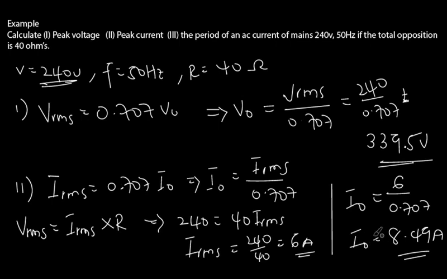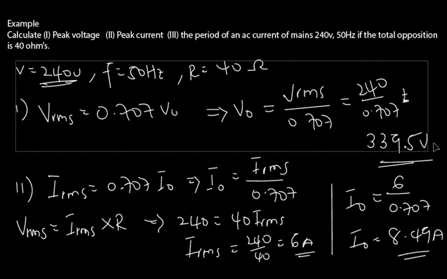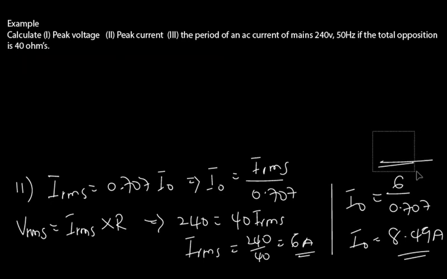Now let's have a look at the third aspect of the question, where we are asked to find the period of the AC current. Period is just time, so the period will be equal to 1 divided by frequency.